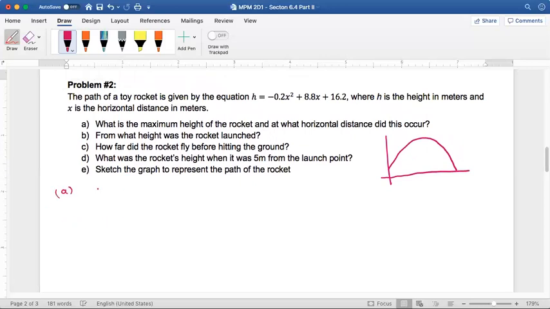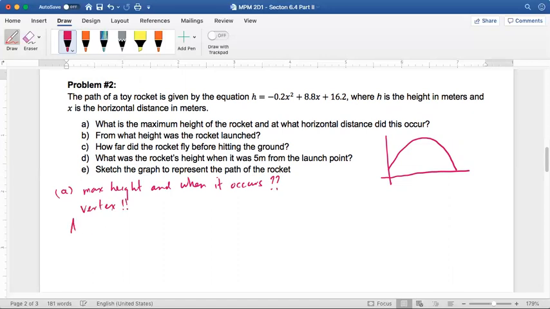We'll start with question A, where essentially we're after the maximum height and when it occurs. This should remind you of the vertex. That's what we need.